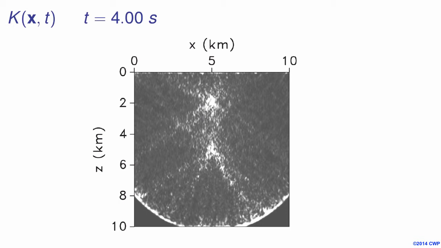But the flip side to the story is that for changes that are away from our source receiver line, we expect to identify those changes later on in the coda, because we have the scattered wave going through those changes that are away from the direct line between the source and the receiver.